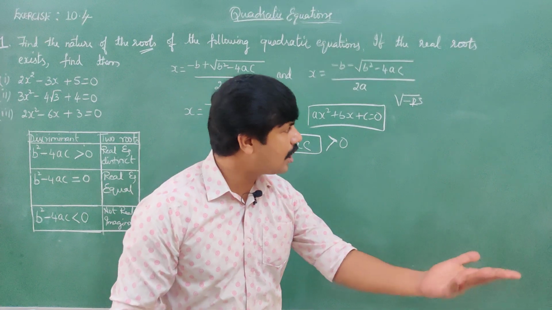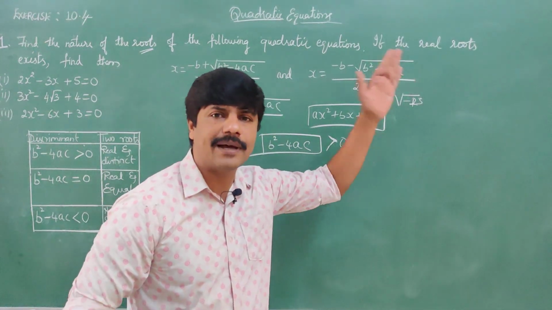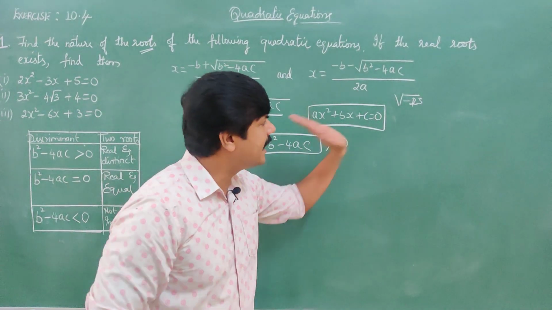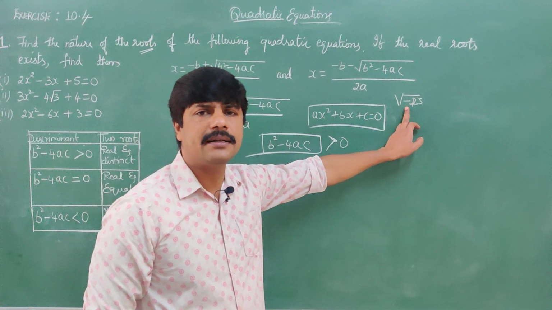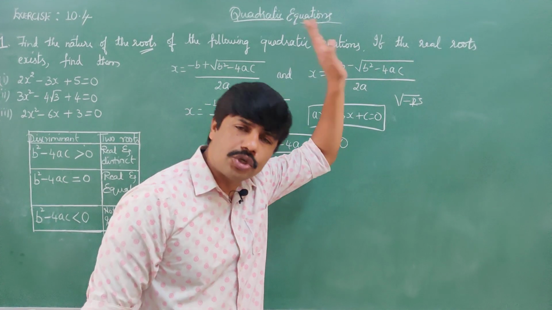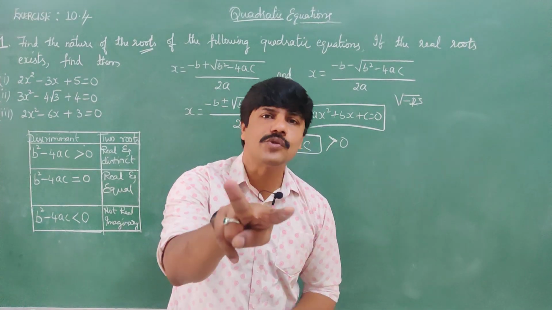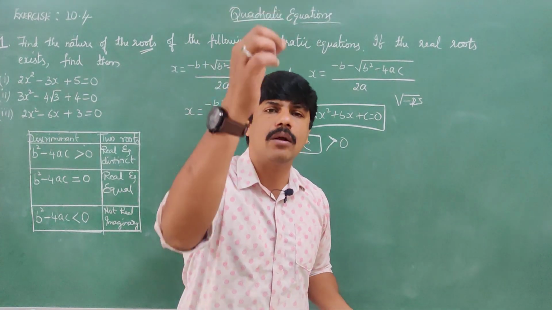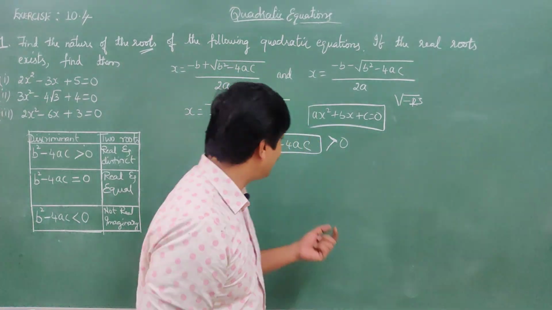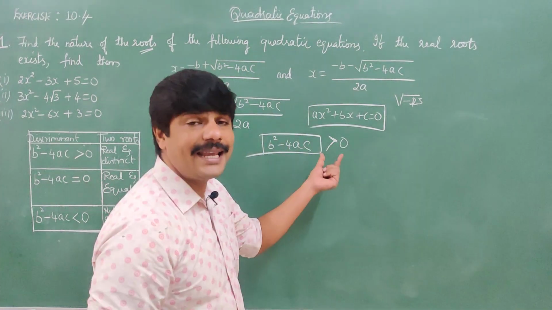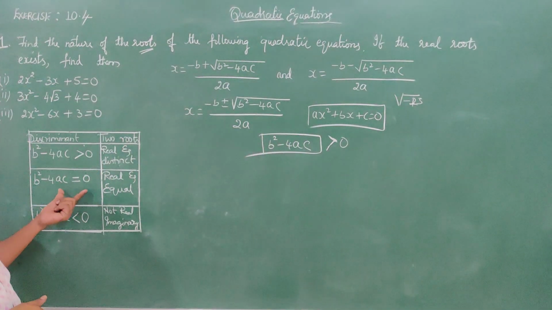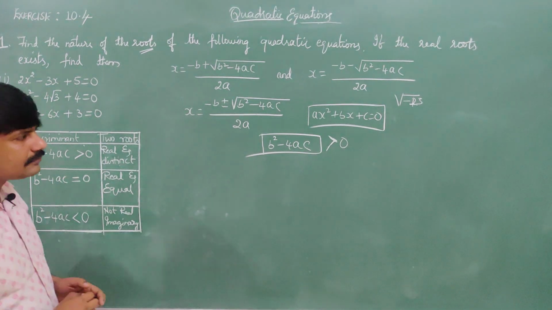What is that real? You know already. All the values, positive value or negative value or whatever it is, except for minus inside the square root. Okay, roots are real, but they are equal. Both the values for x are equal. Okay, when b square minus 4ac is equal to 0, understand?